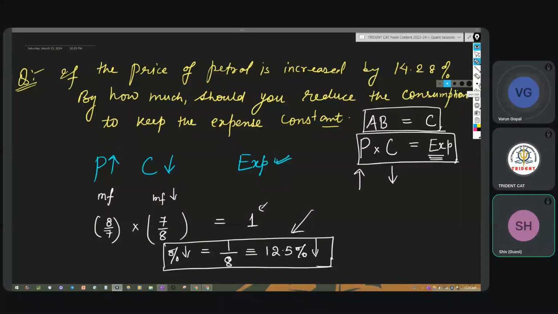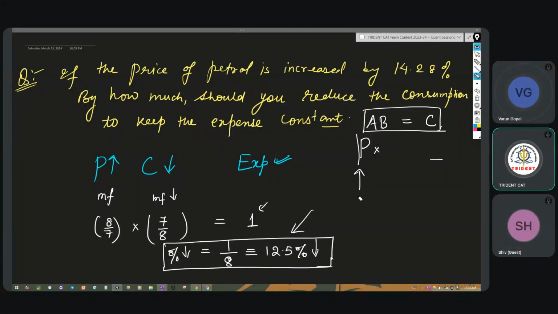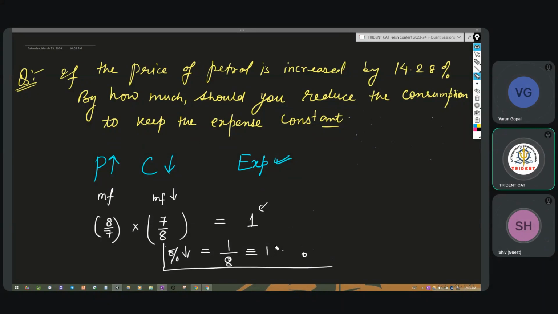Let me erase a part of this expression. This is a little textbookish method. I would never expect you to solve questions through this method, but I'm just telling you for the sake of it.